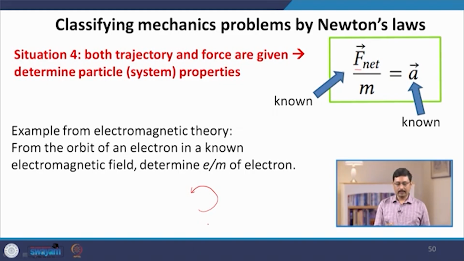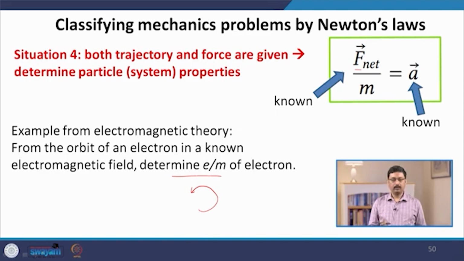From this trajectory, with the applied electric and magnetic fields known, you can determine the charge to mass ratio, which is a fundamental physical constant of the electron. It gives you very fundamental properties. This is also a standard first year BTech experiment in many places.